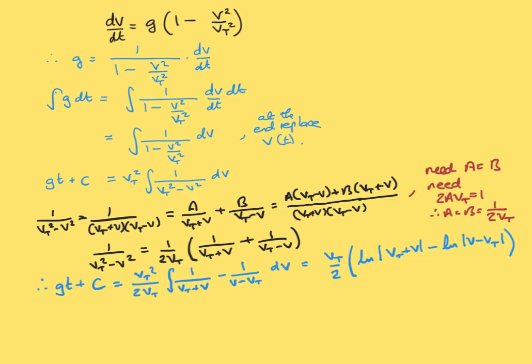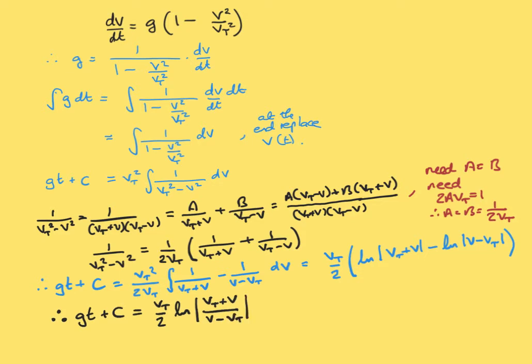So what we obtain is gt plus an integration constant is the terminal speed over 2 times the logarithm of the modulus of vt plus v over v minus vt.